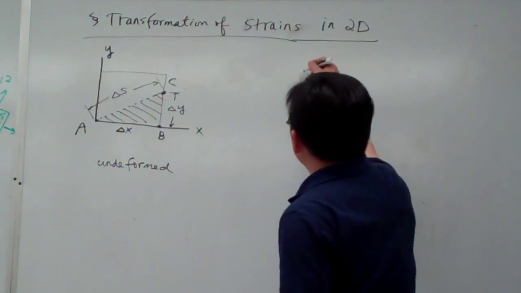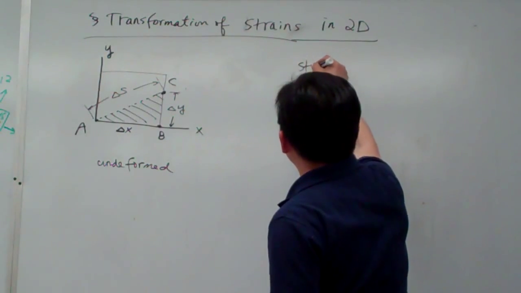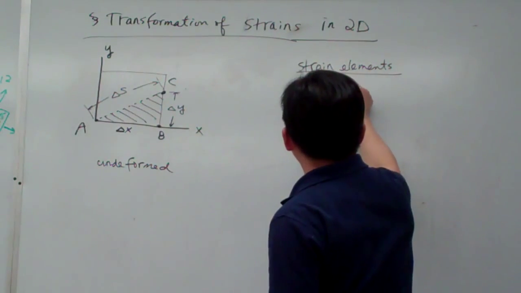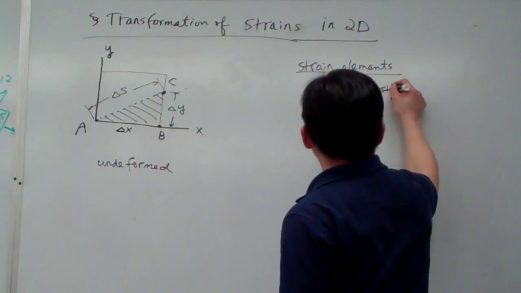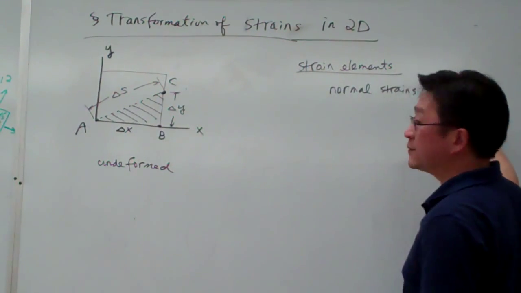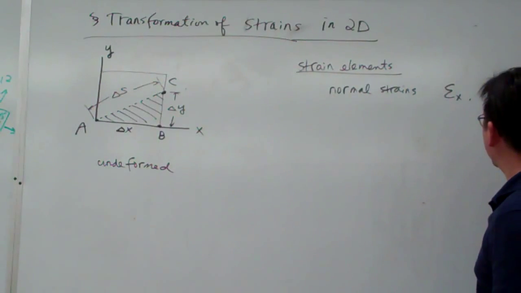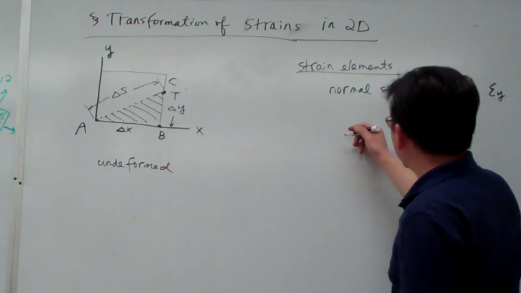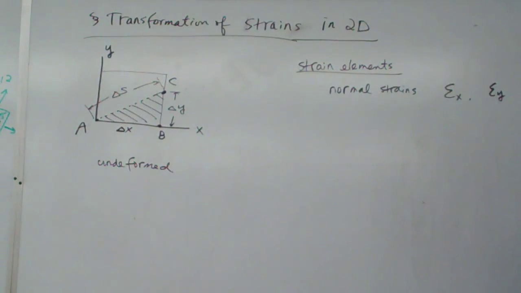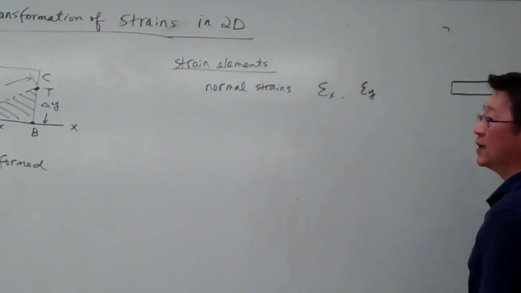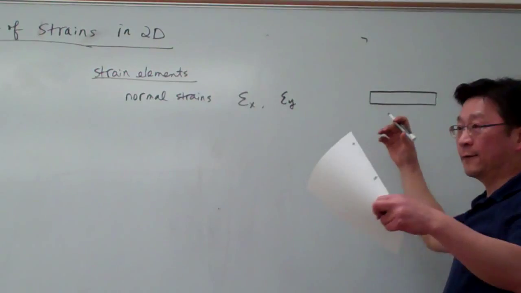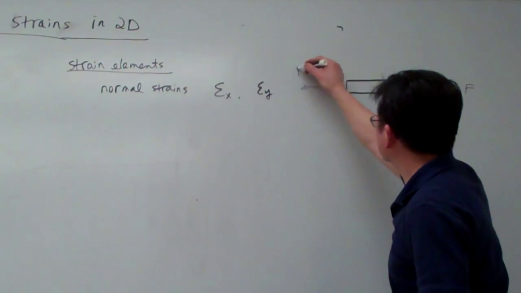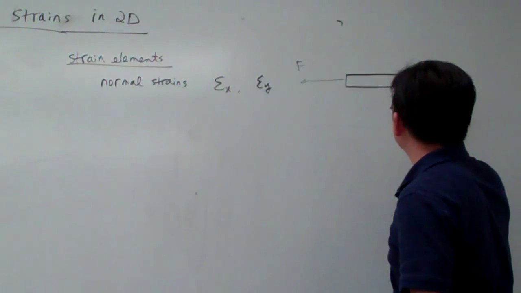For a strain element, usually we have the normal strain, using epsilon as the notation, representing the normal strain in the x direction and the normal strain in the y direction. By normal strain, I mean, for example, if this material is under stretching, this is the force, then that is the deformation.